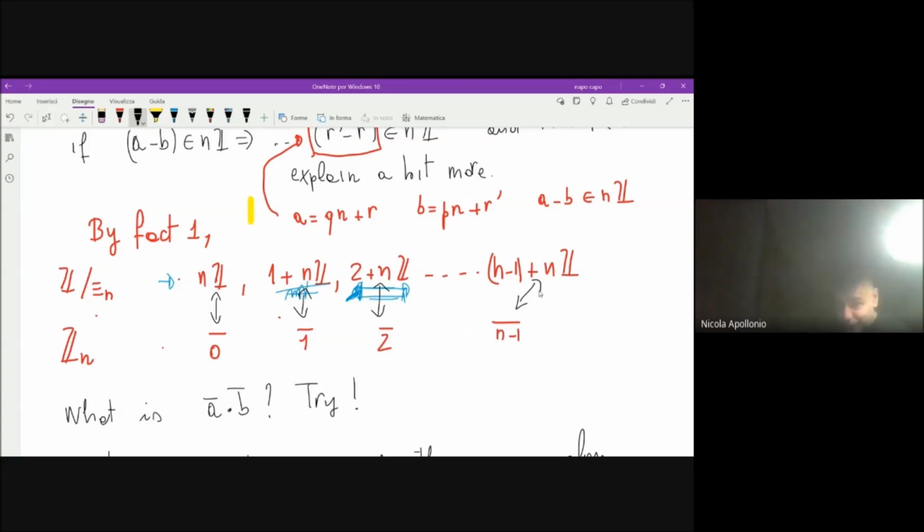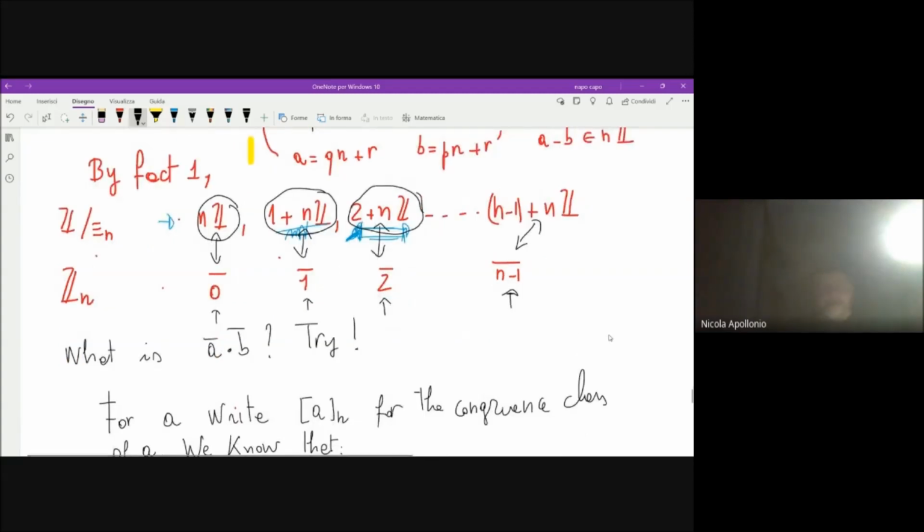So due to this bijection, due to this representation, due to this algebraic meaning, we can just represent these sets, which are indeed sets, with these symbols. Just put an overline over the remainder. Yes, it's hard to explain.